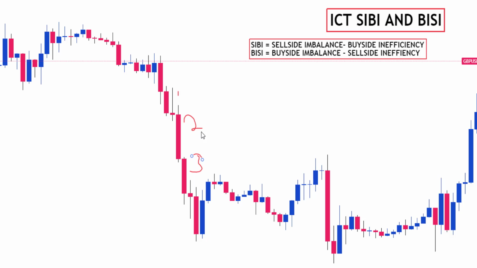Then you will have to look out for the high and the low of that particular candle. Now we are dealing with bearish candlesticks in arrangement right here. We have 1, 2, 3. The low of this candle is actually the low of this wick, because once a candle starts forming, it creates the low or it creates the high and then it shoots to the low. Now this is the low and this is the high. The low and the high is actually on the wick, so you will have to look out for this low and the high of this third candle.